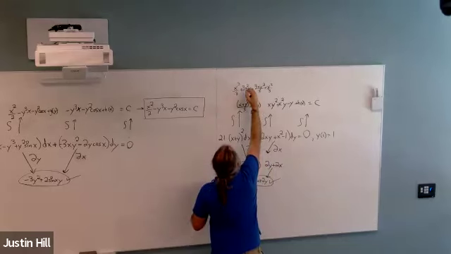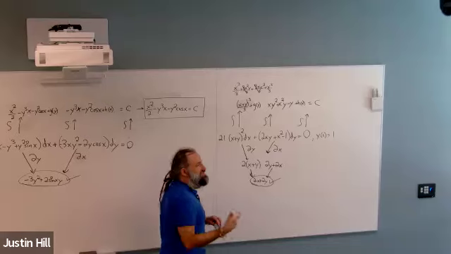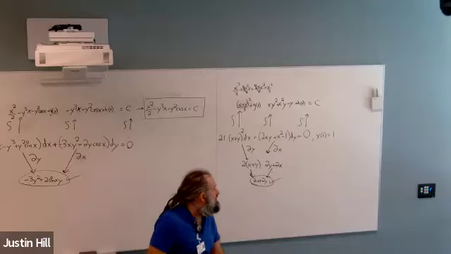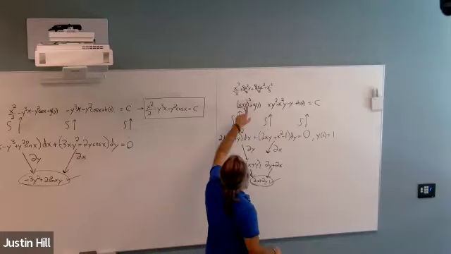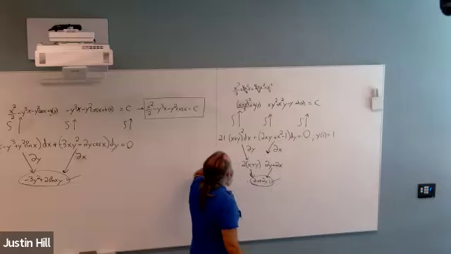The reason I'm writing out the divide by 3 is so you can catch the pattern: those 3's cancel, and now this x squared y does match this, and the xy squared does match this.